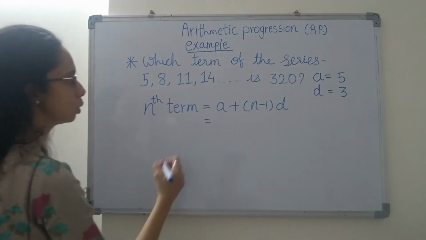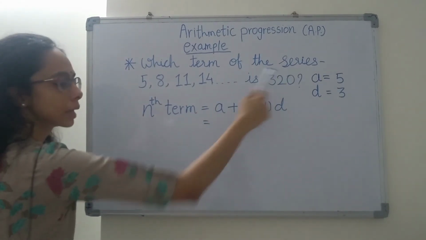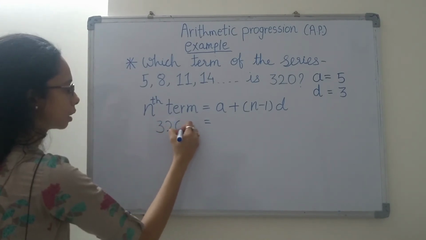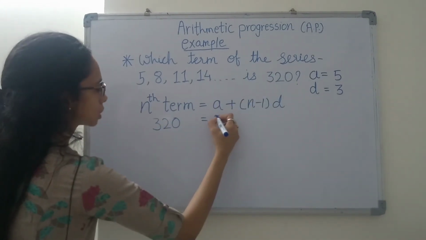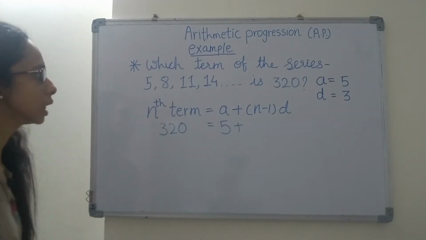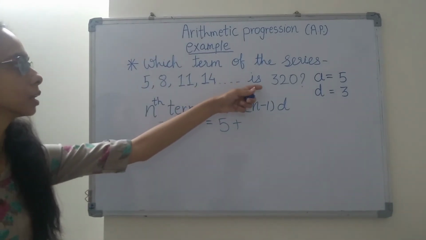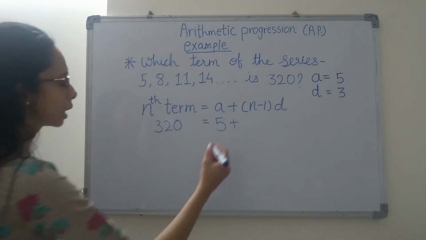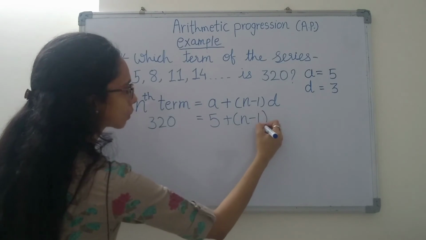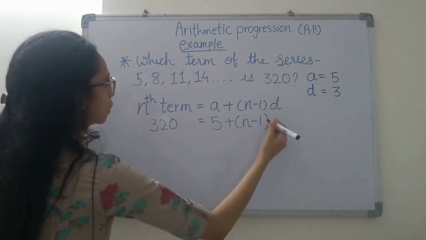Here let 320 be the nth term. So 320. a is the first term of the series, which is 5. Now this n means which term of the series is 320, so that we have to find out. So we keep it as n minus 1 only. And d is 3 over here.